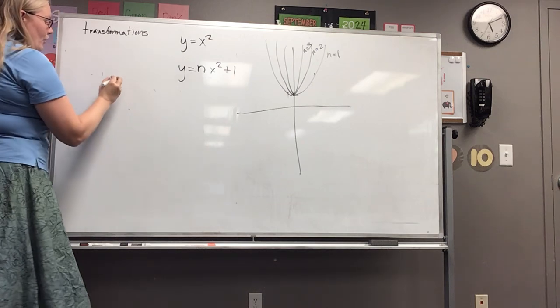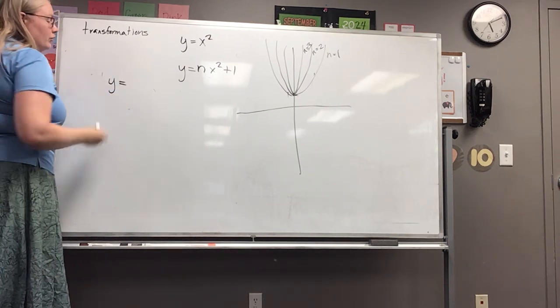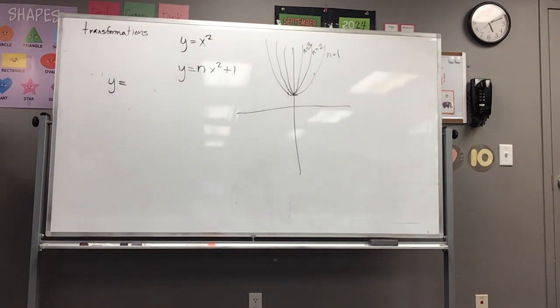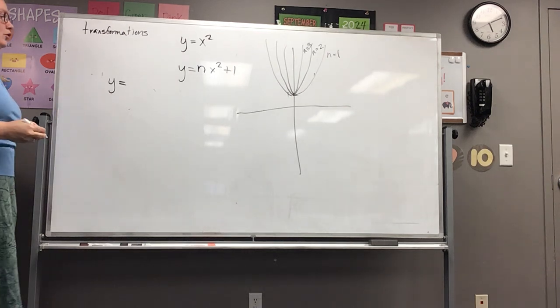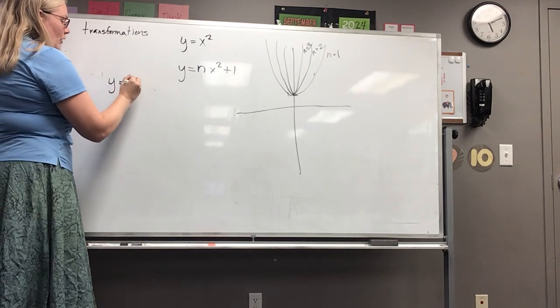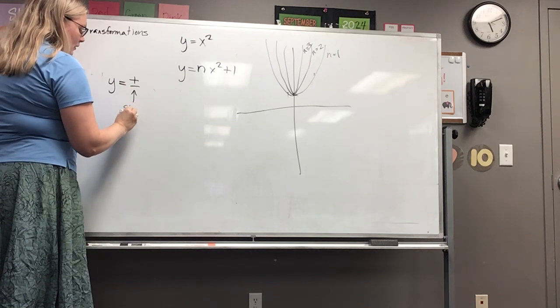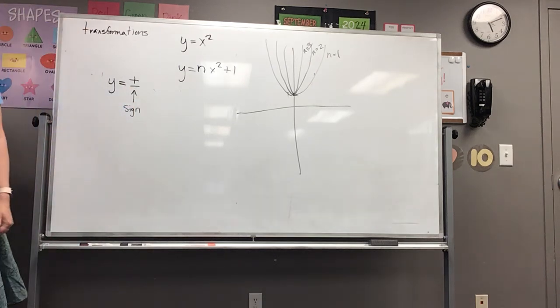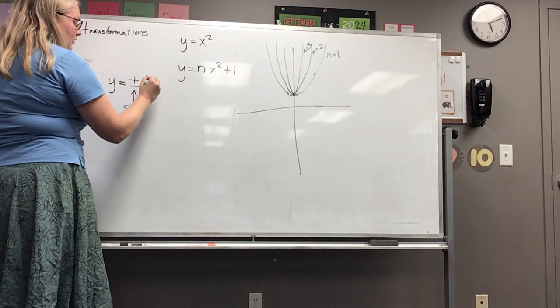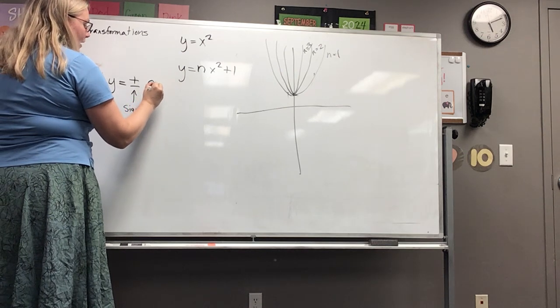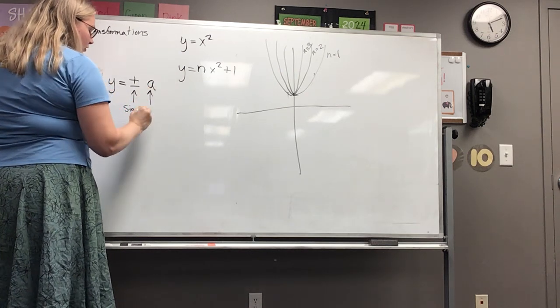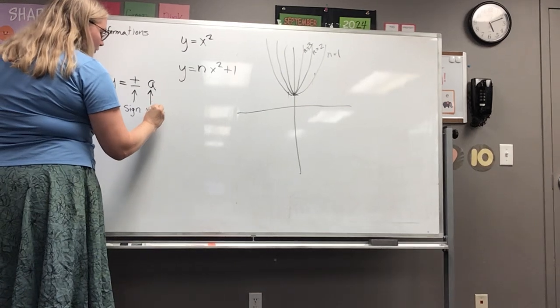You're going to have y equals function, but your main things are the sign, whether it's positive or negative. And then they used n, but the standard formula uses a, which is talking about the vertical stretch.